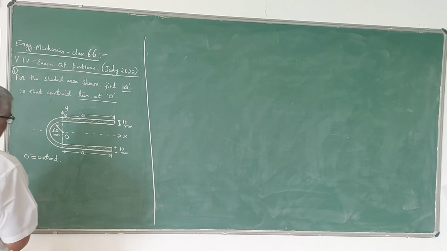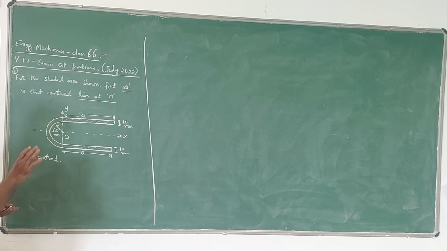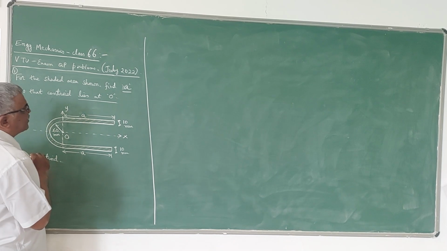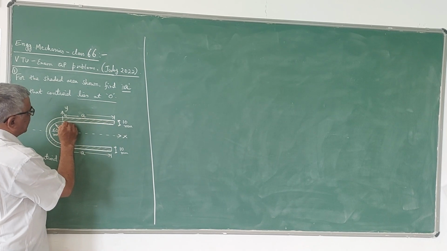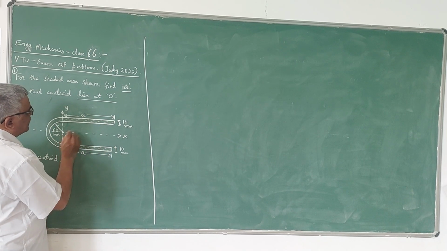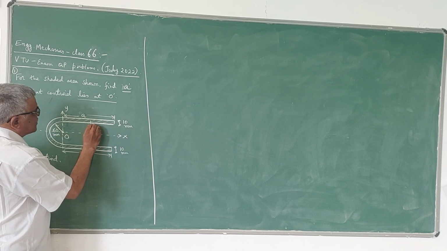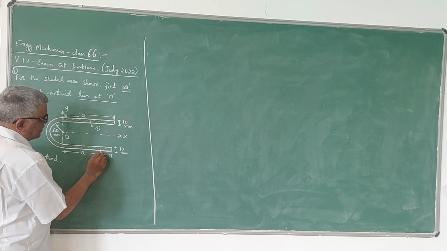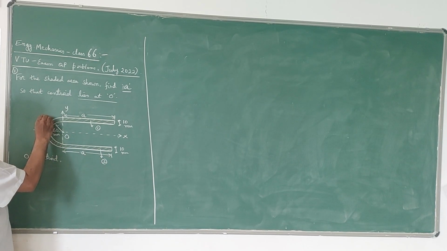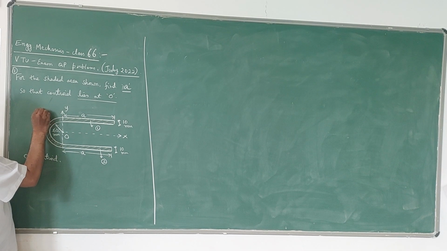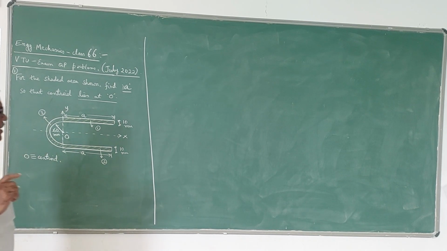Now what we can do here is follow the first principles method. In the first principles method, this rectangle and this rectangle are treated as simple sections. So this is section 1, this I will take as section 2, and this semicircular portion I will take as section 3. So be careful here.